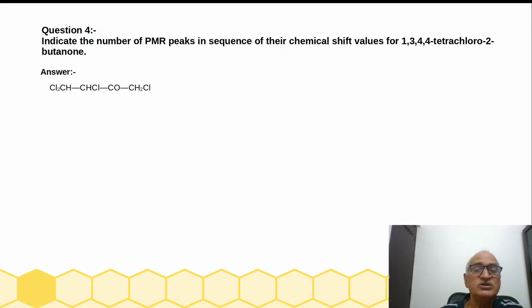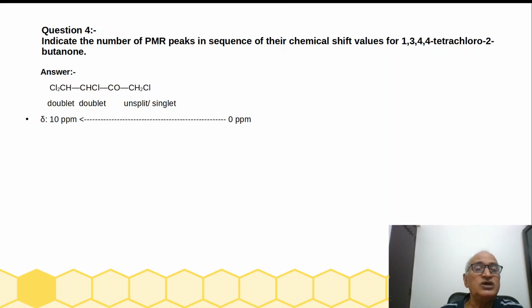Such hydrogen atoms split each other's signal. The CH2Cl part is far removed from other protons, so it appears as an unsplit signal called singlet. You see, Cl2CH is a doublet, CHCl is also a doublet, whereas CH2Cl is unsplit or singlet.